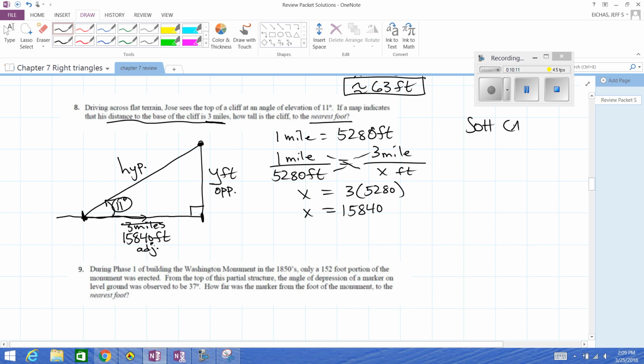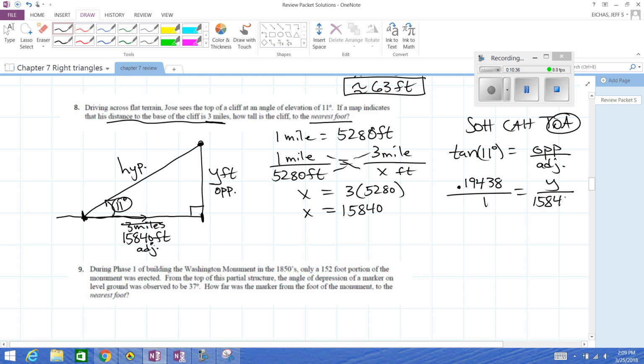So if we're looking at our trig functions, it's tangent. So tangent of 11 degrees will give us opposite over adjacent. Tangent of 11 is 0.19438, and that over 1 is equal to y over adjacent 15,840.